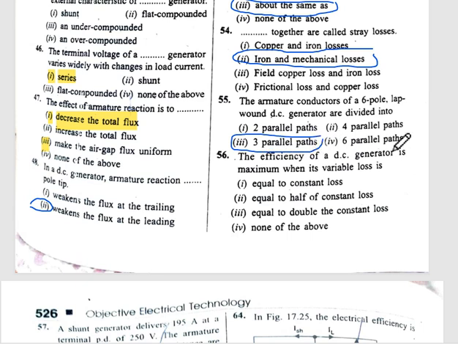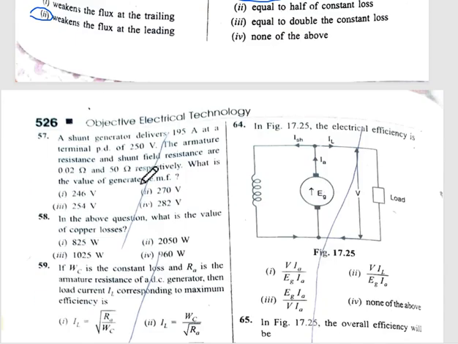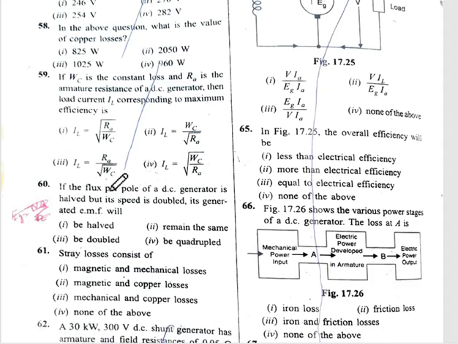The efficiency of DC generator is maximum when its variable loss is equal to constant loss. If the flux per pole of DC generator is halved but its speed is doubled, its generated EMF will remain the same. Stray losses consist of magnetic and mechanical loss.